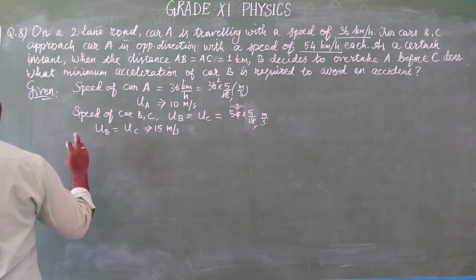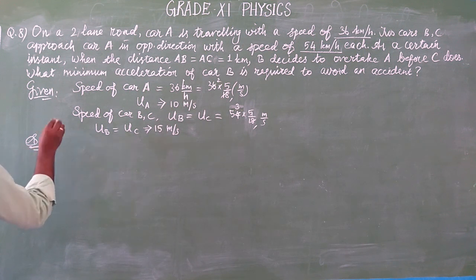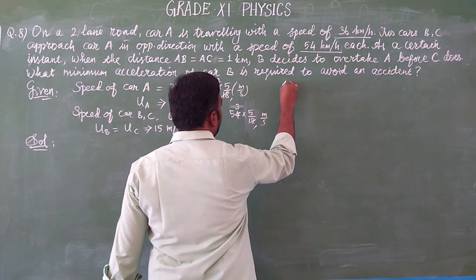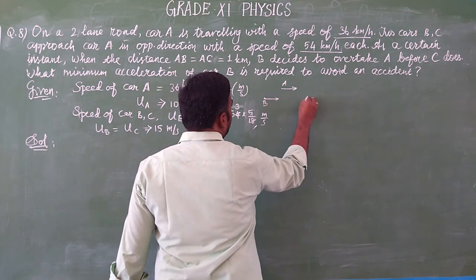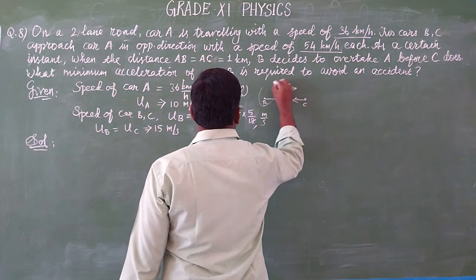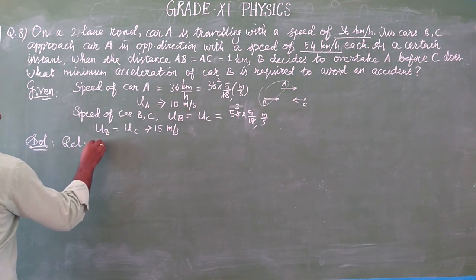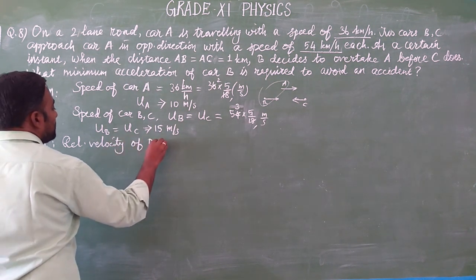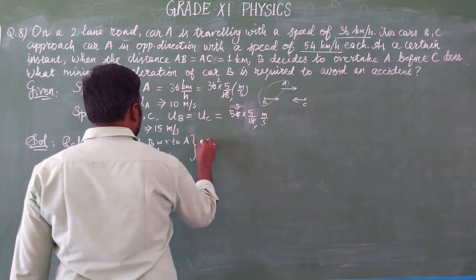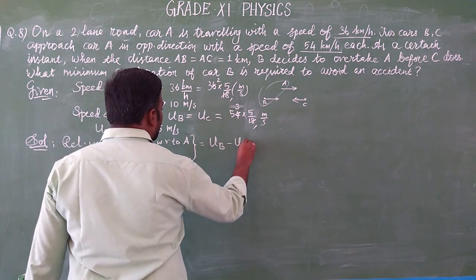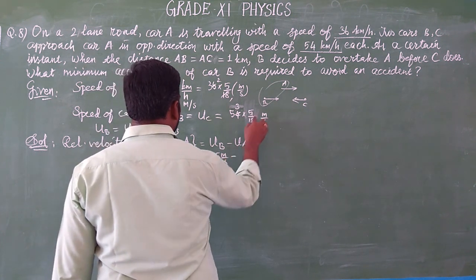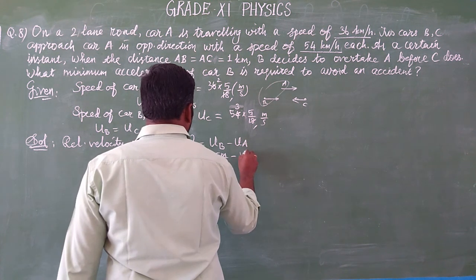Okay. So now the solution begins. In the solution, first this is the speed of car A, the speed of car B, and in the opposite direction, the speed of car C. We are going to find the relative velocity of car B with respect to A. The relative velocity of B with respect to A is the speed of car B minus the speed of car A. The speed of car B is 15 meters per second minus the speed of car A, which is 10 meters per second.